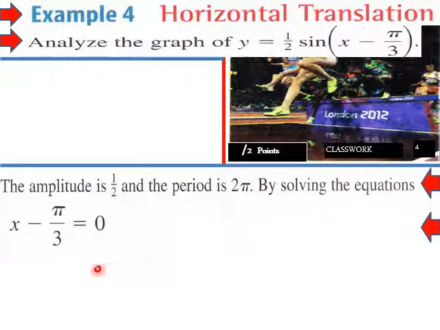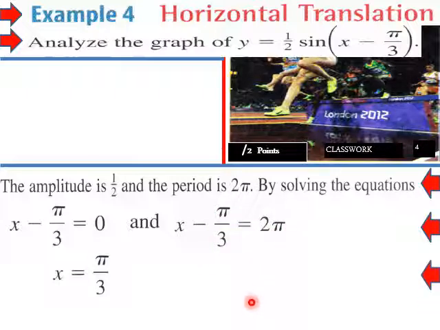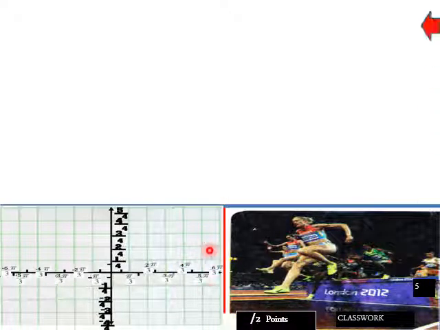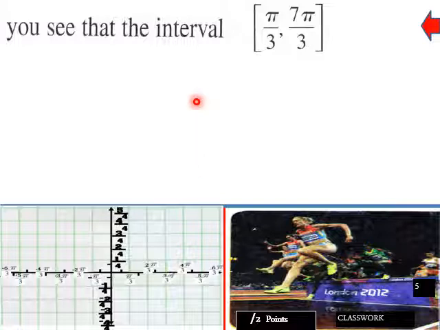By solving the equations x minus pi over 3 equals 0 and x minus pi over 3 equals 2 pi, we get x equals pi over 3, and then x equals 7 pi over 3. So that determines our left endpoint and our right endpoint of our interval.